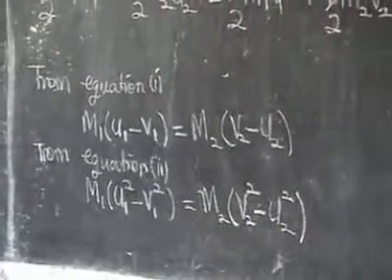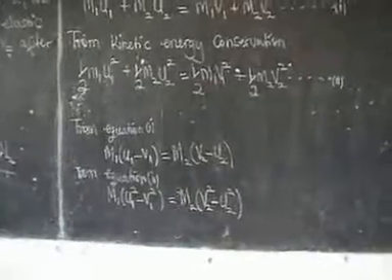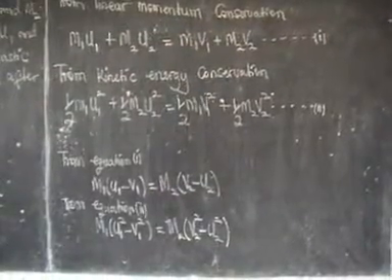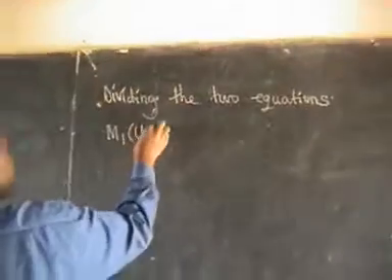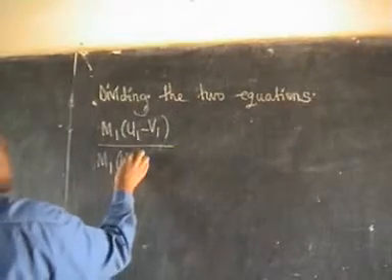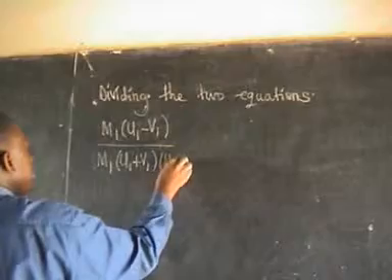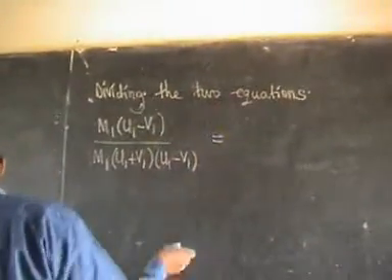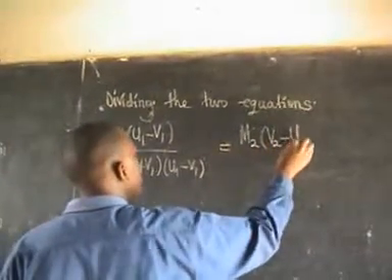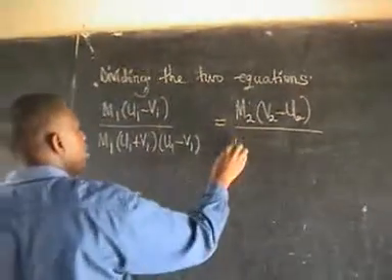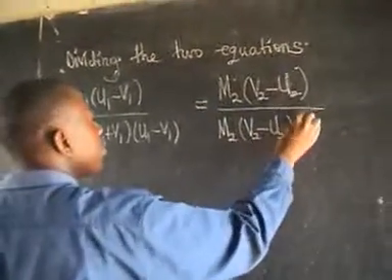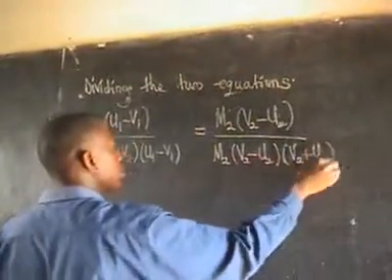So dividing the two equations, we shall have M1 bracket U1 minus V1 divided by M1, U1 minus V1, U1 plus V1, is equal to M2 bracket V2 minus U2 divided by M2, V2 minus U2, V2 plus U2.